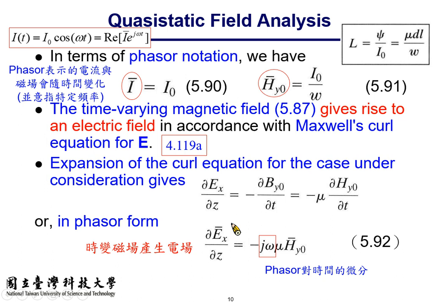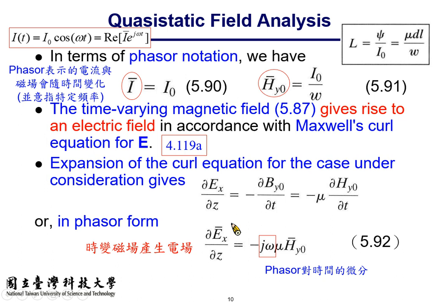And we can find out this by looking into the right-hand side, which is the time derivative of magnetic flux density. Then we can substitute result before as minus j omega mu times H y sub 0. The j omega part is the time dependence of this sinusoidal signal. In the phasor form, we use exponential j omega t to address the time dependence of the signal, which we didn't explicitly write in the text.